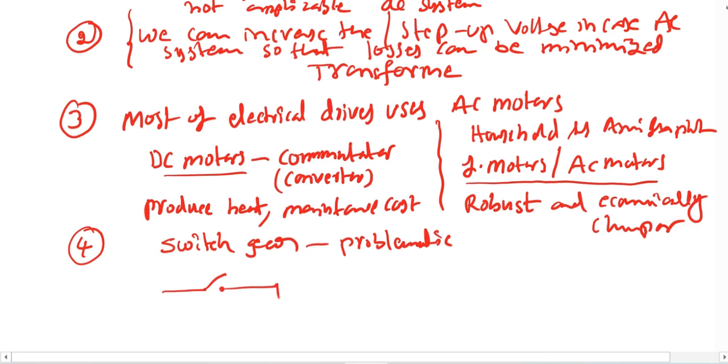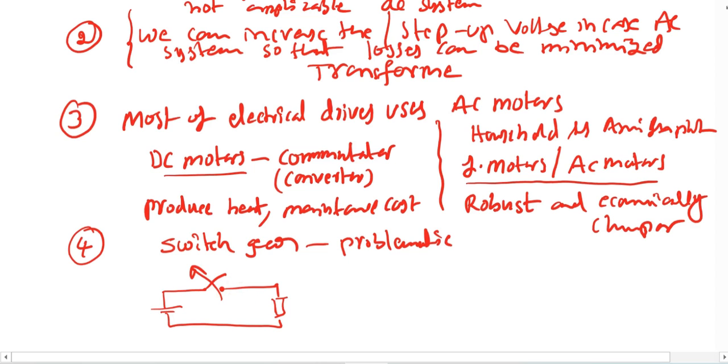This is my switch, there is some load, and this is my DC current coming like this. Whenever I suddenly open this switch, a sudden change in the circuit cannot be taken by any kind of circuit.